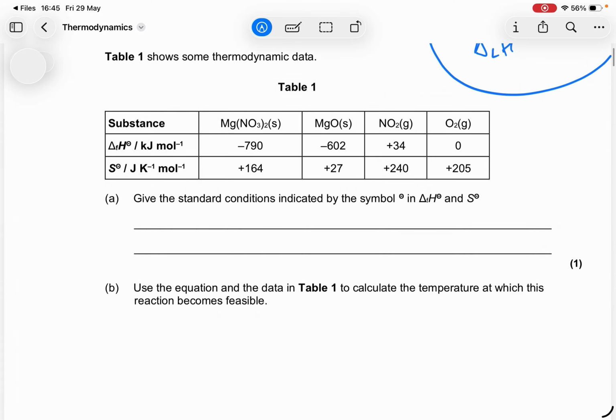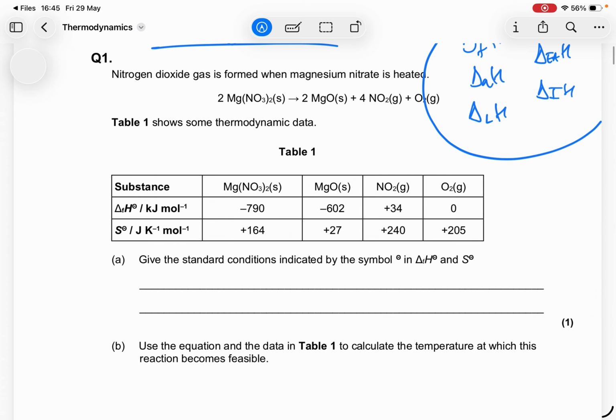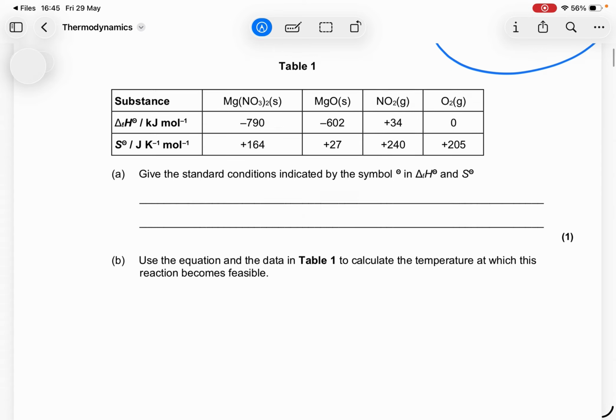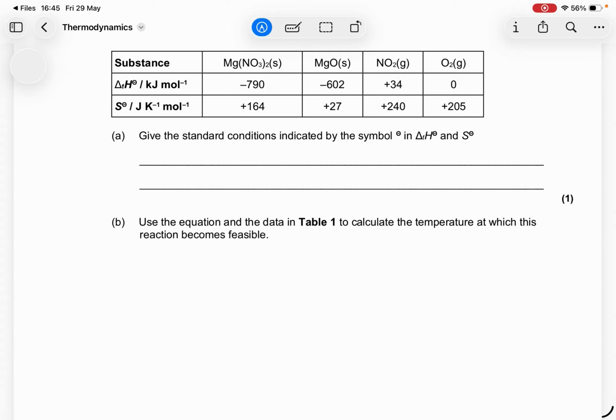This is where you are given nitrogen dioxide is formed when magnesium nitrate is heated. So basically thermal decomposition. Use the equation and data in table 1 to calculate the temperature at which this reaction becomes feasible.